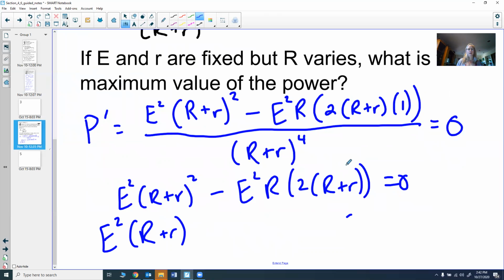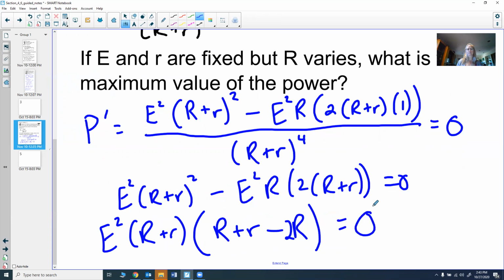The lowest power is the first power, so that's the one I'm going to take out. We're going to factor out an E squared times big R plus little r quantity. When we pull it out of the first one, we're just left with the big R plus little r. In the second, the E squareds go, the big R stays, the 2 stays, and the big R plus little r is factored out.